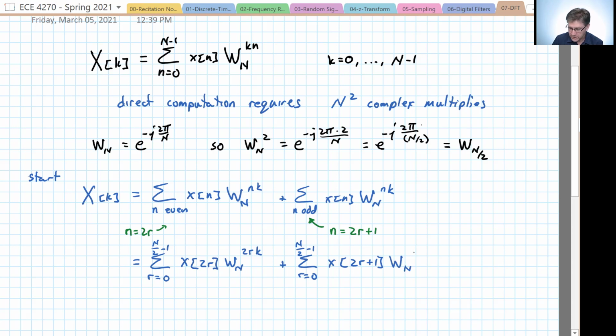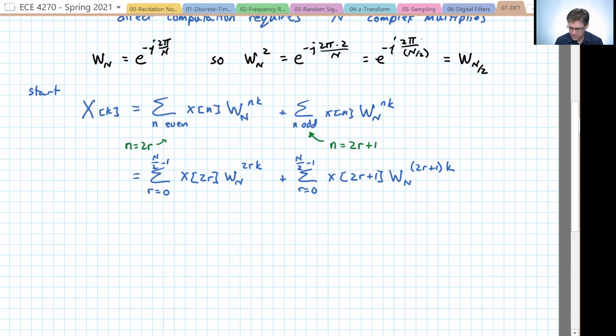And the same here, we have 2r plus 1 in place of n, and then k. So now we're back to the same sum, but we're actually not going to combine them quite yet. We're going to do a few other things that are kind of clever. At least I think they're kind of clever. I can say that because it wasn't me that thought of it, so it's not boasting.